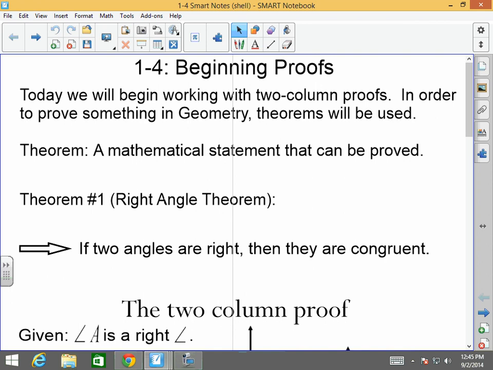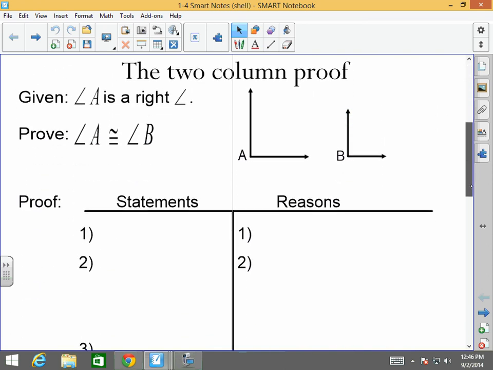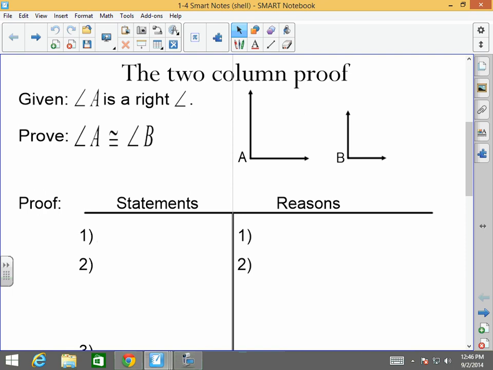Why? Because right angles mean that they have 90 degrees. And if you have two right angles, that means that you have two angles that are each 90 degrees. If you have two angles that are each 90 degrees, guess what, y'all? They are congruent. Okay? So, let's start with a little proof as to how this is used.